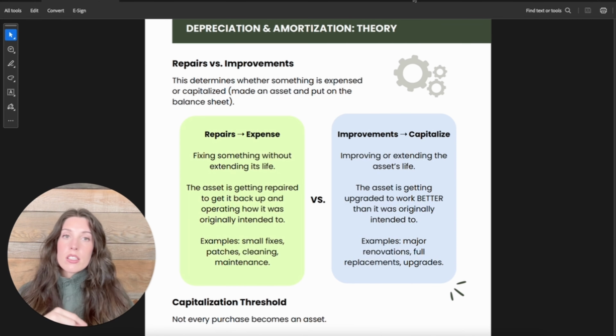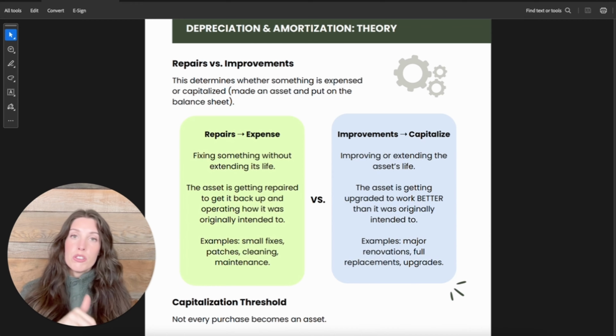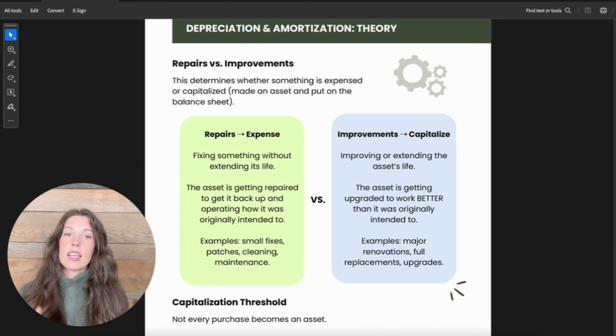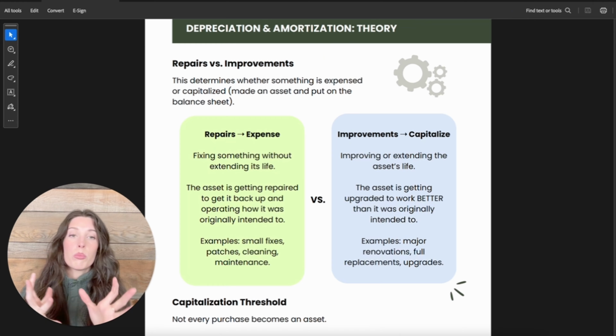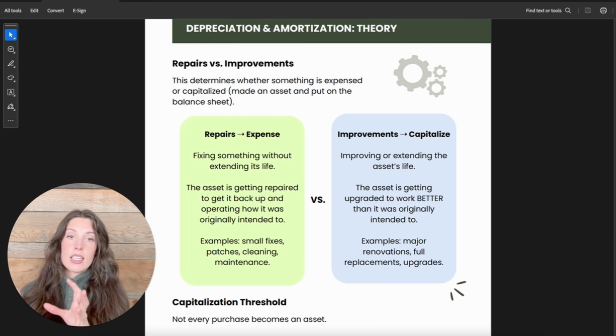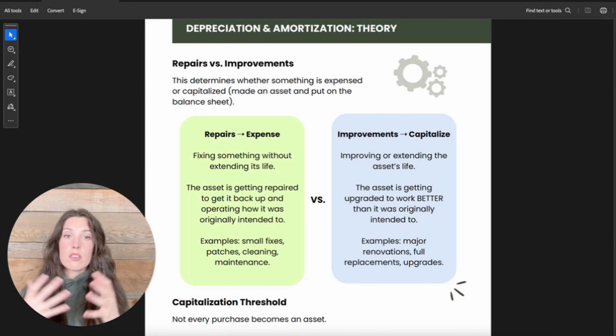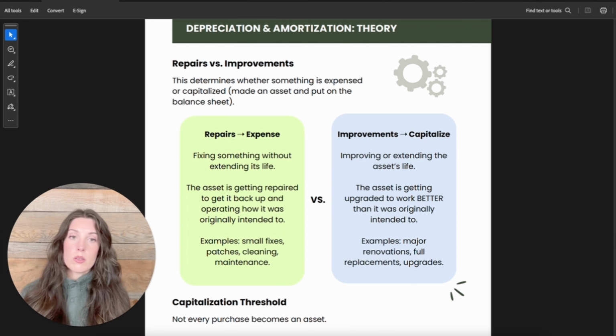So repairs are expensed on the profit and loss statement. Improvements, on the other hand, extend the asset's life or usefulness. The asset is getting upgraded to work better than it did originally. Because improvements extend the asset's life or usefulness, we capitalize those on the balance sheet.